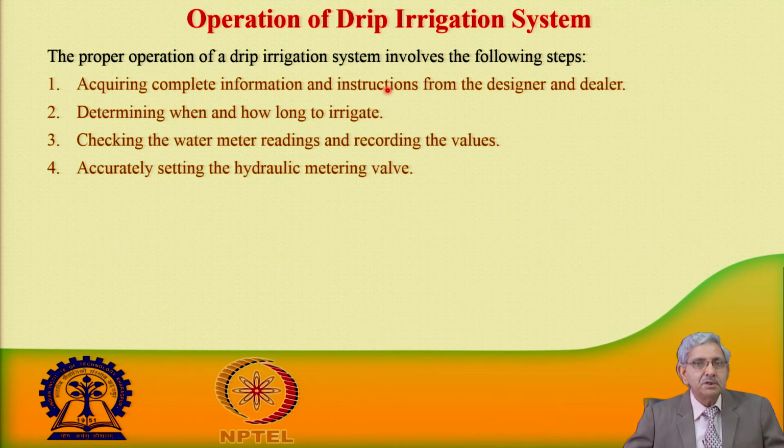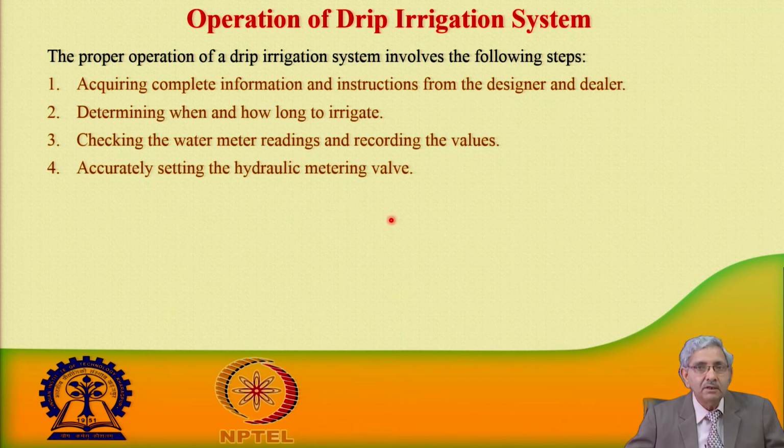The person operating should know when to irrigate, and how long the pump or drip irrigation should be operated. This depends upon the type of crop and the number of drippers placed for each plant. So, based on dripper capacity and the water requirement of the crop, one should have full knowledge about the time of irrigation.